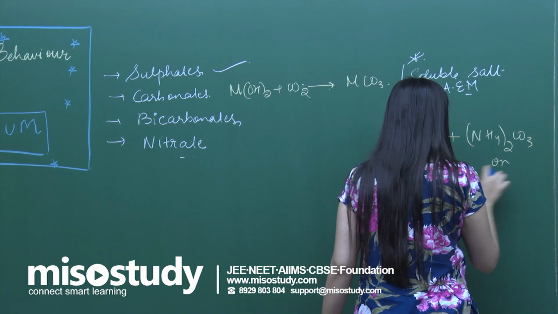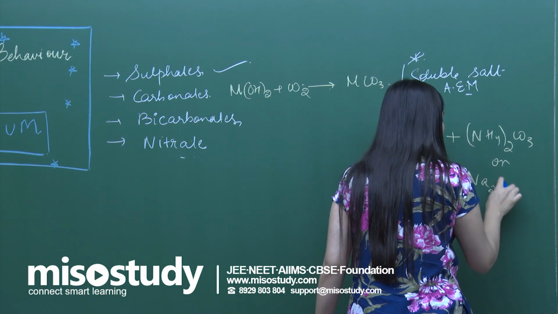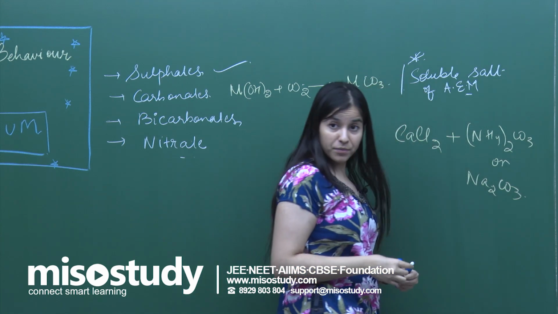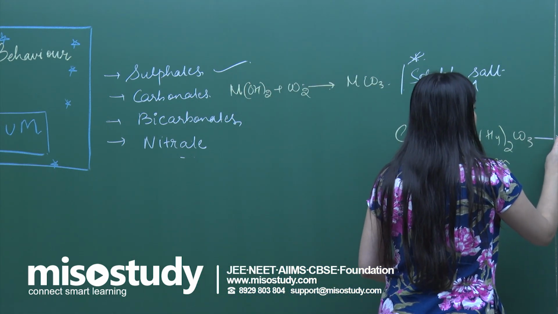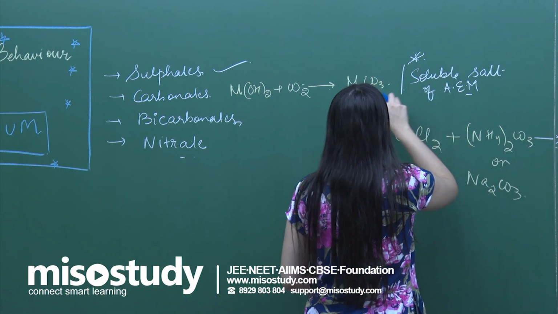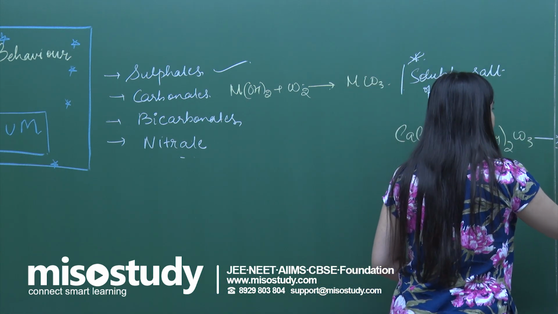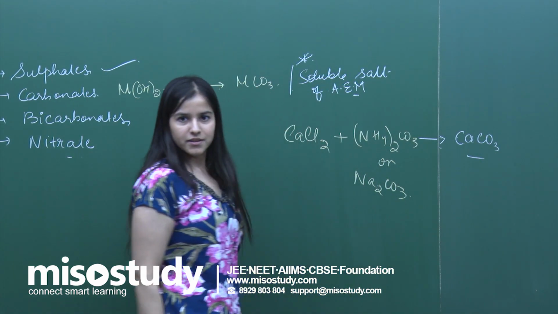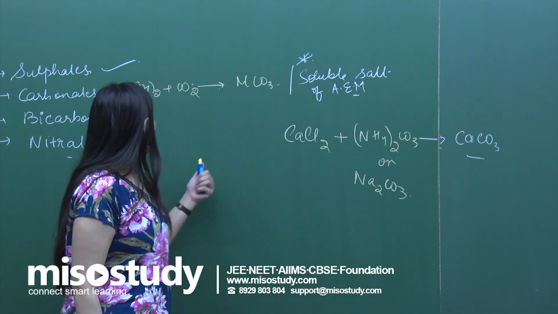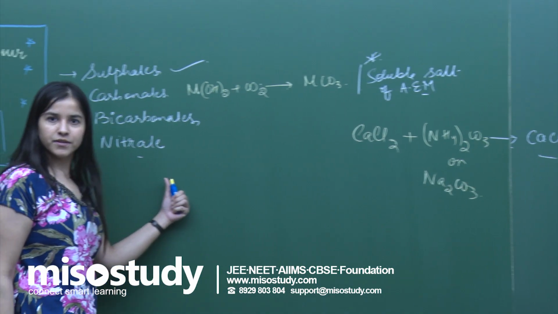Or I can take sodium carbonate also. This is another preparation, and yes, this is important. What we will be getting is the one I desired, that is calcium carbonate as my main product, and that is another preparation for the carbonates, right?